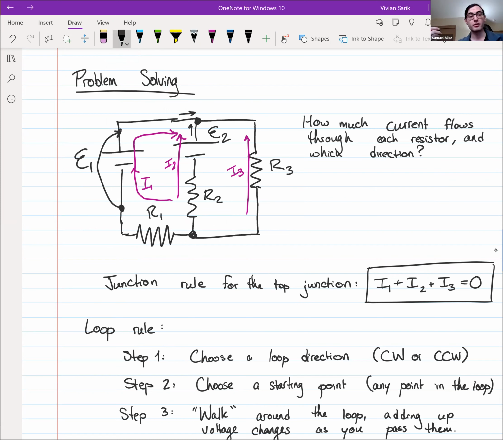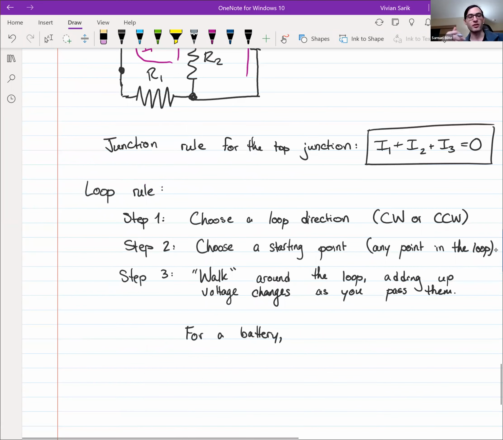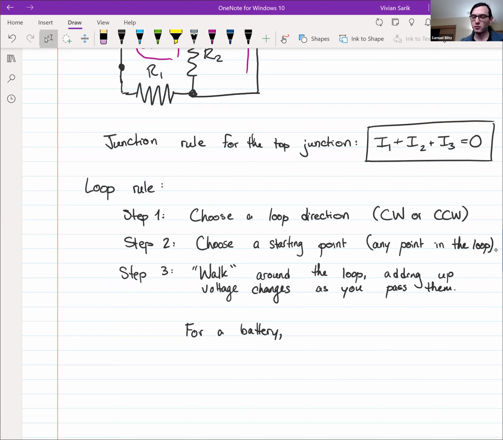So in that case, when you cross a battery from the negative to the positive side of the battery, you add the EMF. That's just because the change in potential, the final potential minus the initial potential, is positive, and it is equal to the EMF.